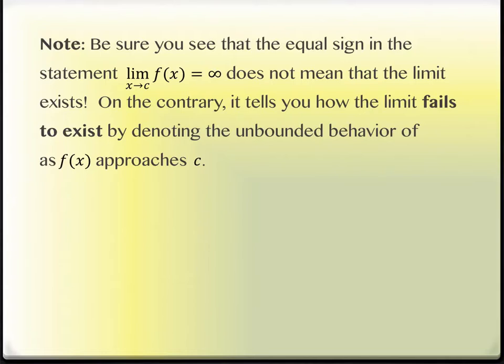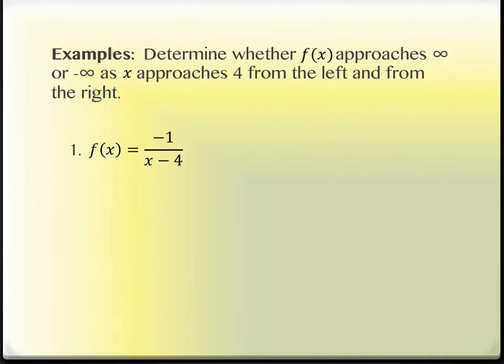So let me do one quick example and then we'll stop for today. I'll post a video for the remaining pieces of the problems. This one says to determine whether f of x approaches infinity or negative infinity as x approaches 4 from the left and as x approaches 4 from the right. So here's the deal.